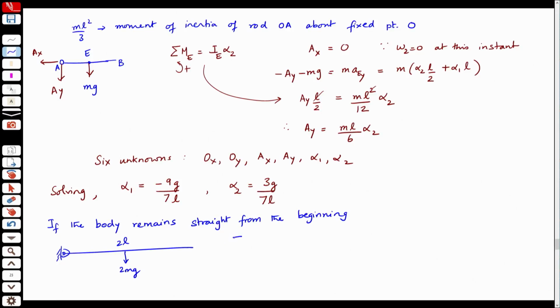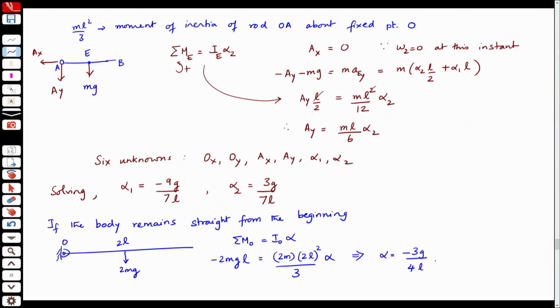If I take moments about O, sigma M naught equals I naught alpha, where alpha is the angular acceleration with which it rotates. So I get minus 2mgl equals, what is my I naught? m l square by 3, where the length is 2L, times alpha. Therefore, alpha is minus 3g by 4L in this case.